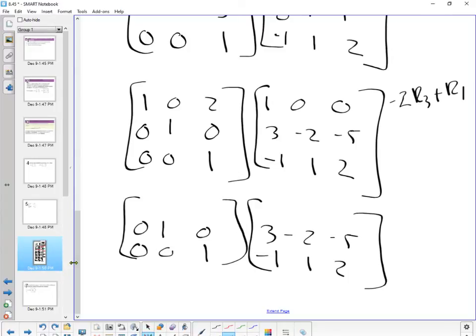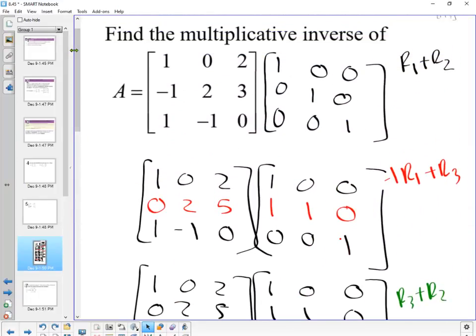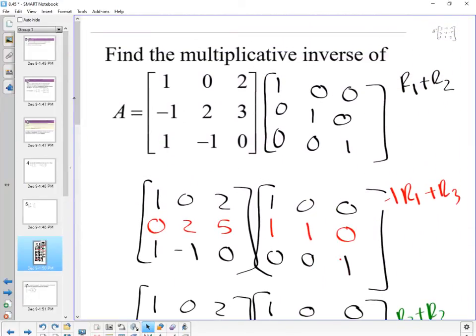So now I should have 0 times that plus 1 is still 1. 0 times anything plus that is still 0. That should give me negative 2 plus that is 0. Negative, no, now it's a positive 2, isn't it? So positive 2 plus 1 gives me 3. And then negative 2 be negative 2. And then negative 4. Is that our matrix we started with? Yes. So that's what you're expecting on paper.